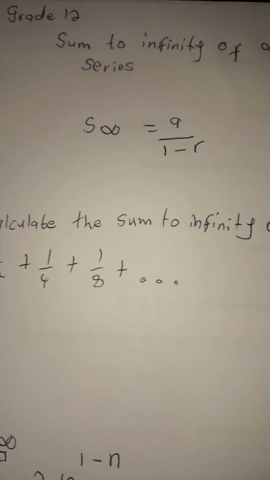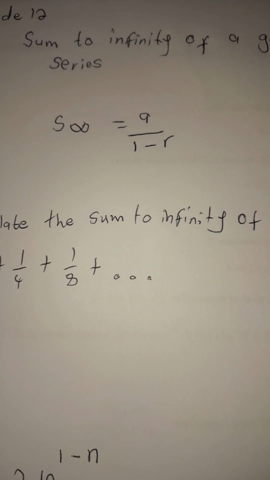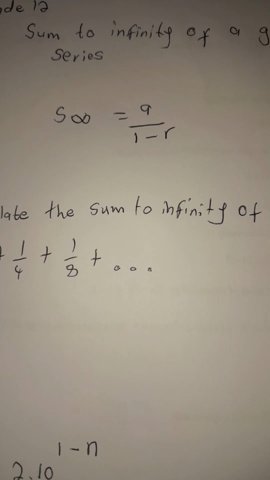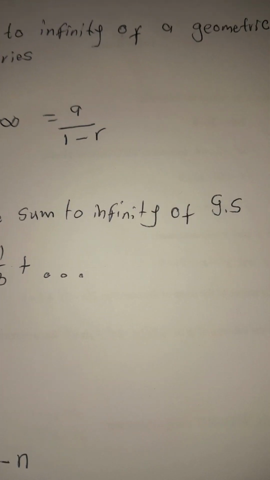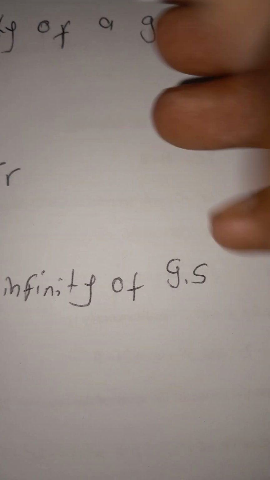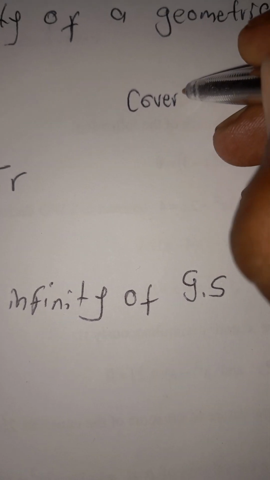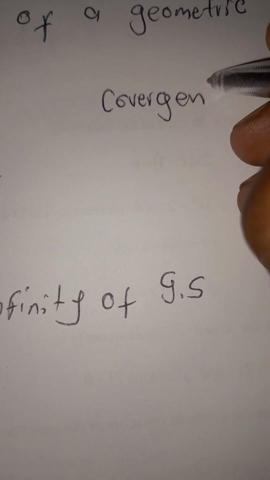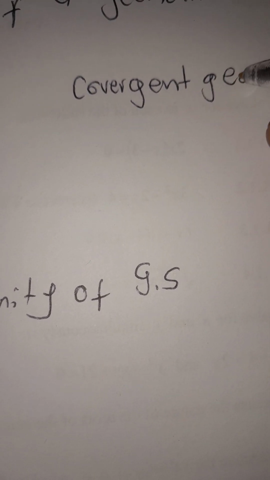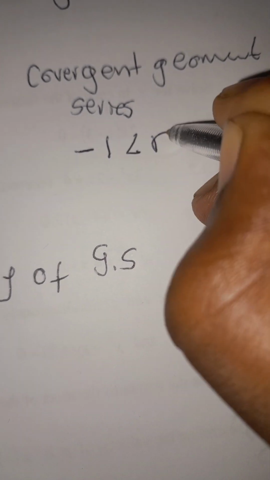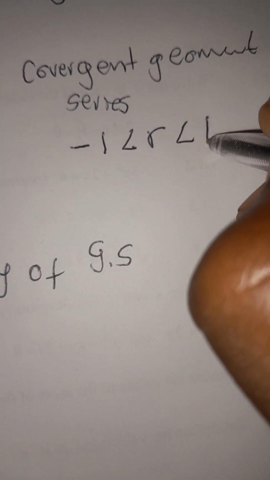Given a formula, when it comes to sum to infinity, there are two things that we need to take note of. For you to calculate the sum to infinity, a convergent geometric series must exist, meaning that -1 is less than r and r is less than 1.